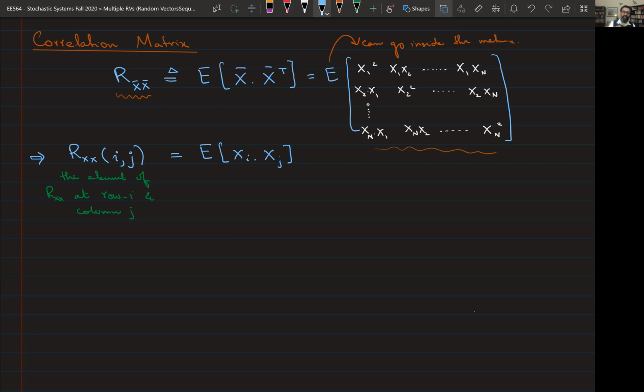Of x1 with x2? Of x1 with x3? Of x2 with x1, x2 squared, x2 and x3, and so on. Each and every pair that exists, it tells you the correlation of those pairwise combinations. Okay, any questions?